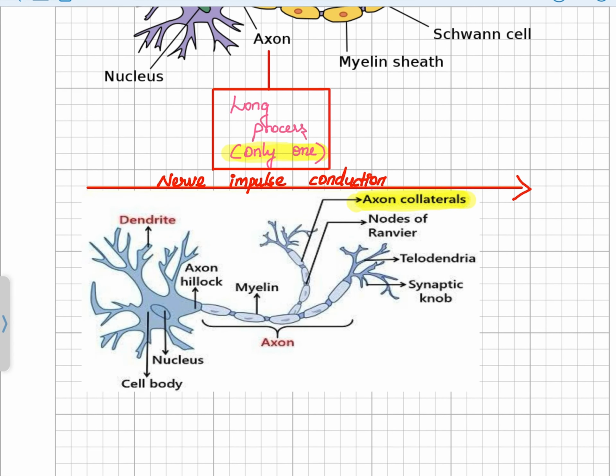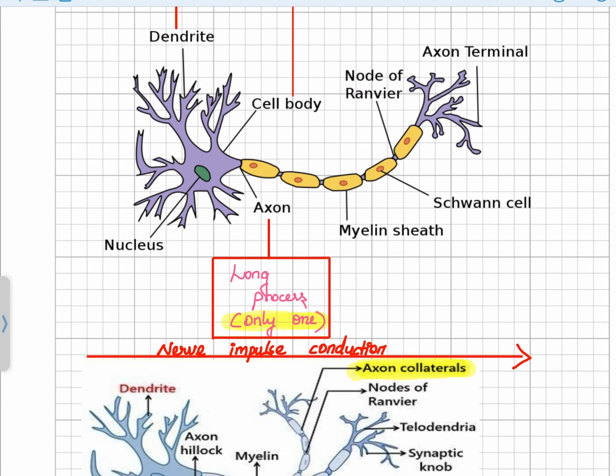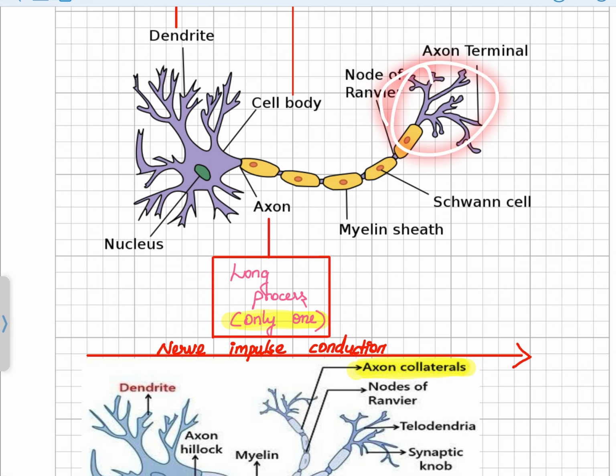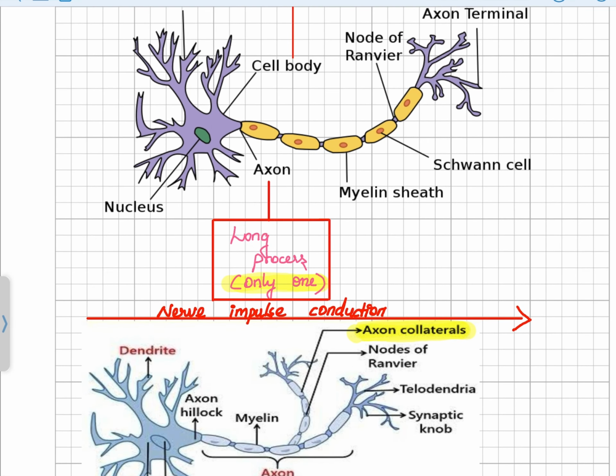Mostly there will be one axon. But in some cases, there will be two axon terminals with a side branch, which is called axon collaterals. We will discuss axon collaterals further in a separate topic. For now, know that the axon may end in two terminals, which means it has axon collaterals.